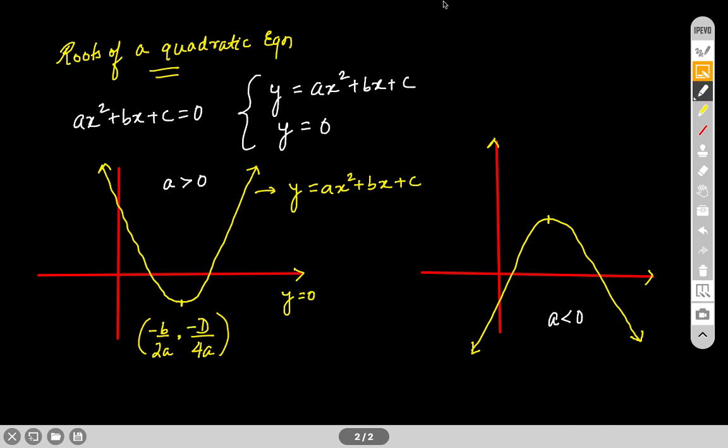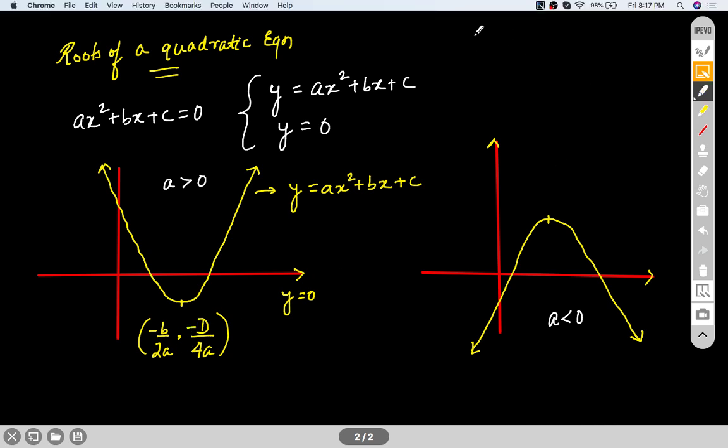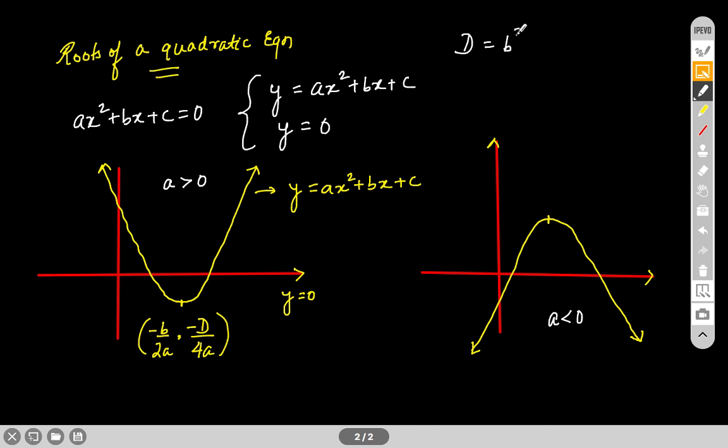What is d here? d is b square minus 4ac, correct? Same thing, delta, the discriminant. Why is it called the discriminant?